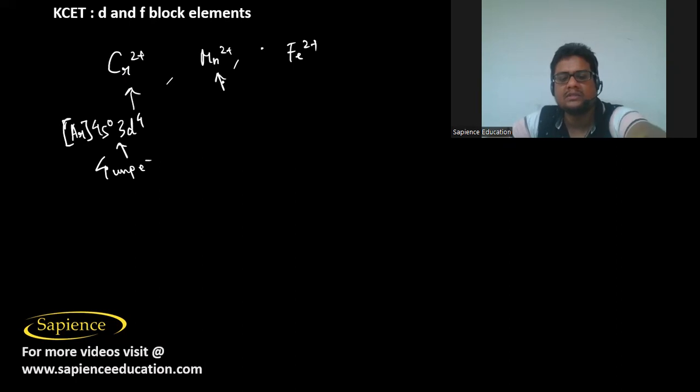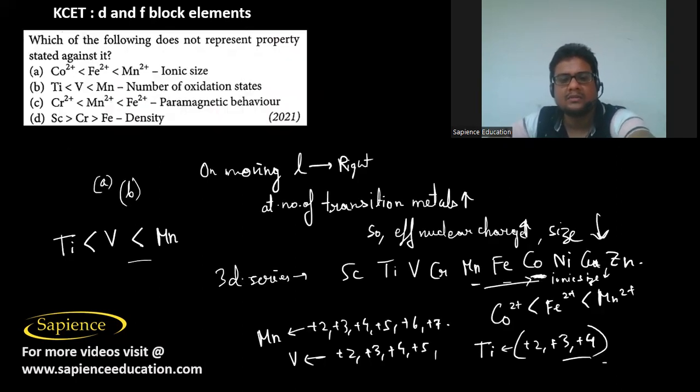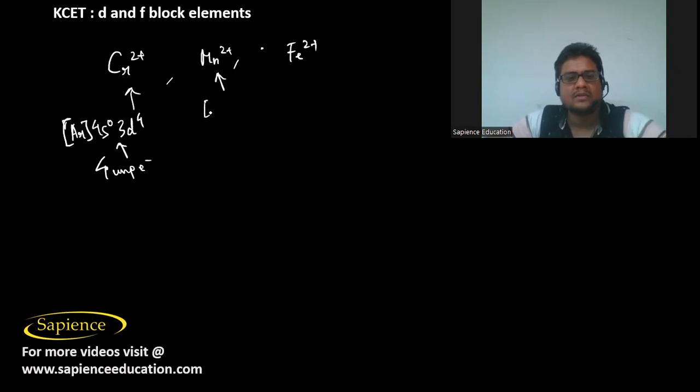And Mn2 plus, it is argon 4s0 3d5, so it has got 5 unpaired electrons.